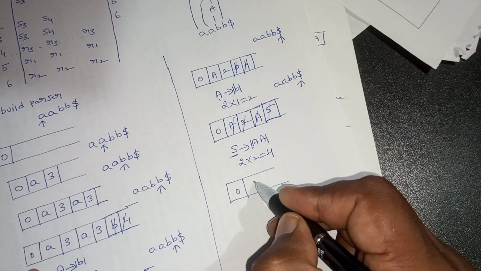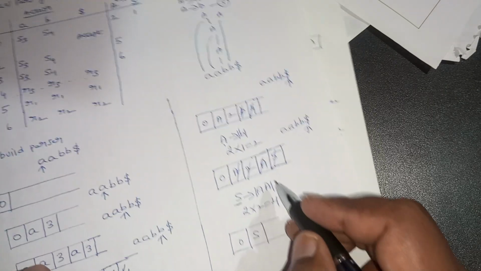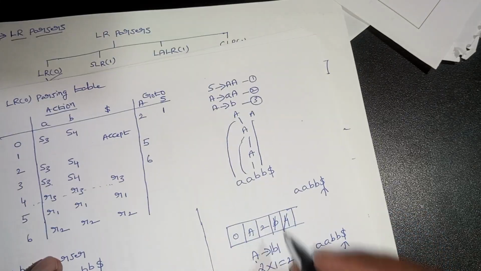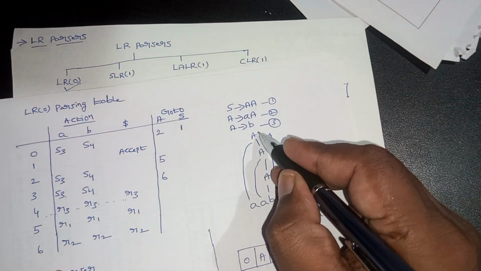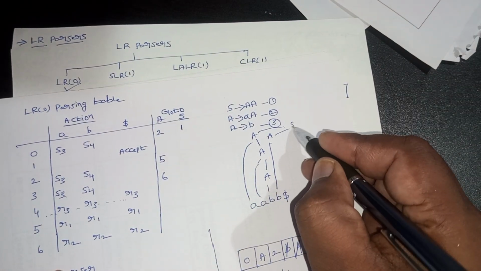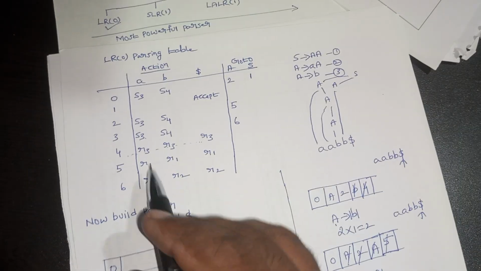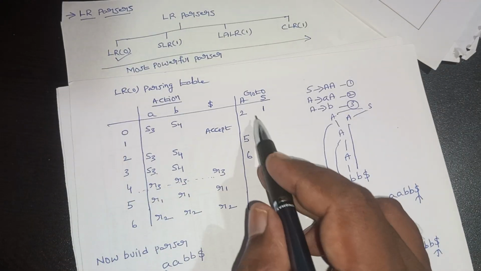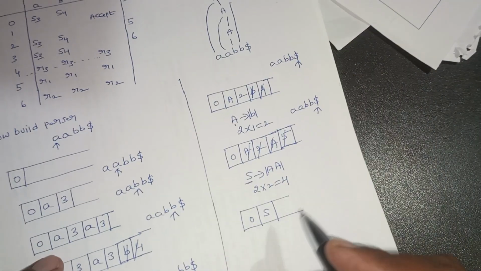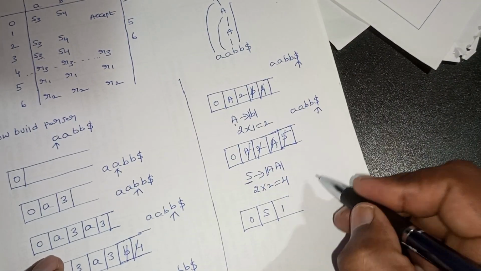So 0 S. Now you reduce A to the S, which means this A to the S. Now what is 0 on S? 0 on S is 1. Write 1 into the stack.